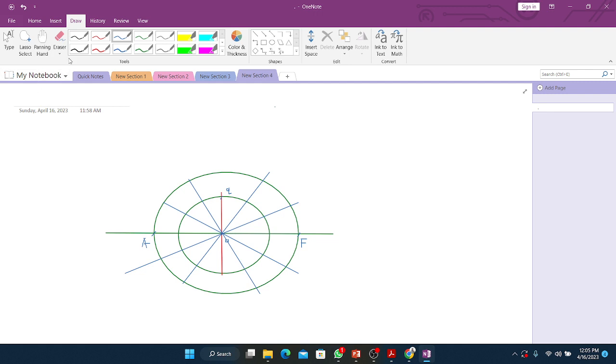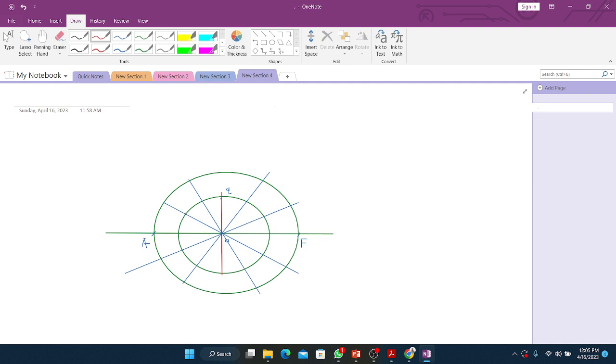So from here, the next work, we are going to draw only a half portion of the ellipse shape. So only we are going to do the upper portion. If you want to draw the upper portion, these are the points.